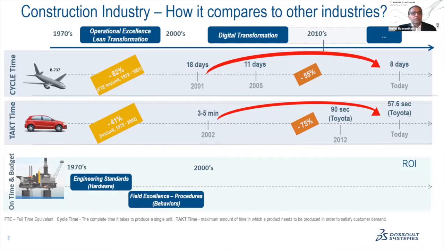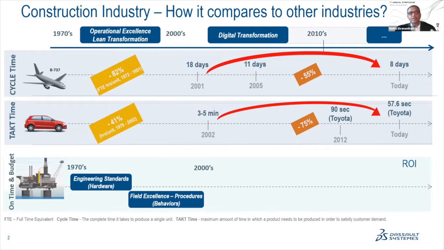If you look at the chart, high volume industries like aerospace and automotive, in the last 2 decades have digitally transformed, as Gary alluded to, by having a common platform, digitally transforming their engineering, manufacturing, and simulation processes to the tune of they are able to get their takt time, as Gary alluded to.